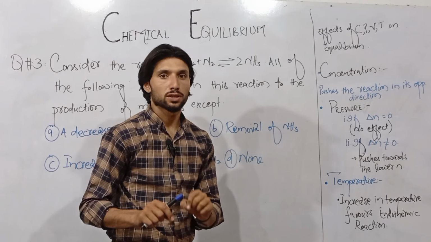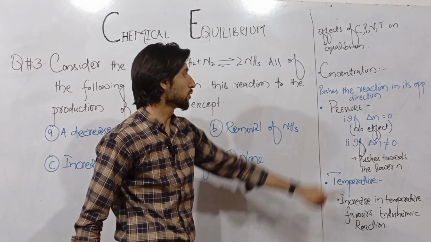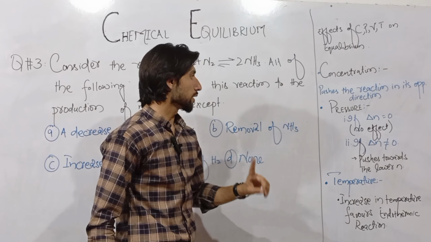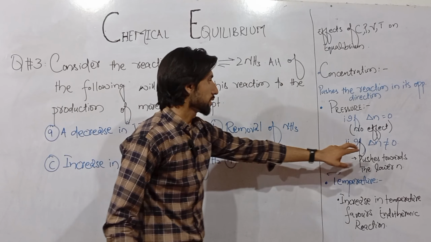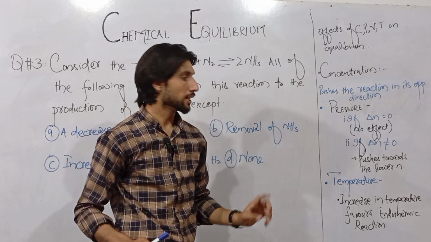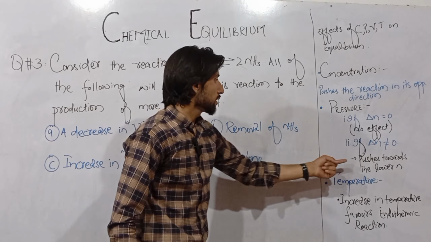So if the number of moles on the reactant and product sides are equal, then there will be no effect of increase in pressure. In the second case, if the number of moles on the reactant and product sides are not equal, delta N not equal to 0, what happens?